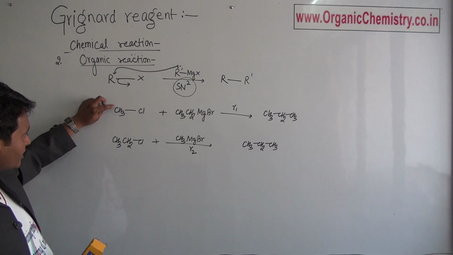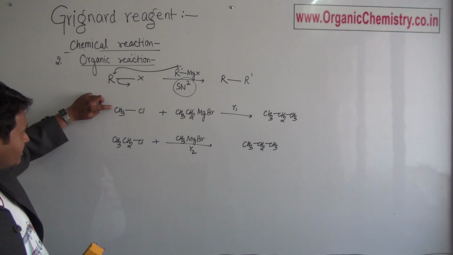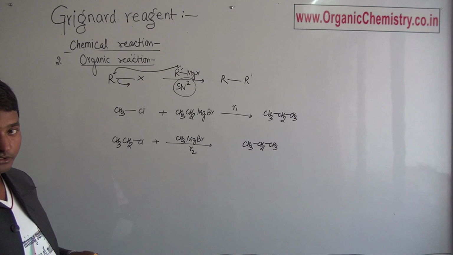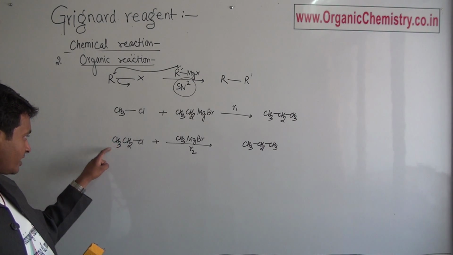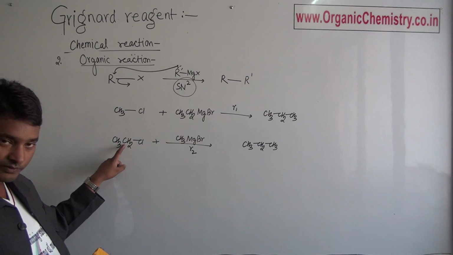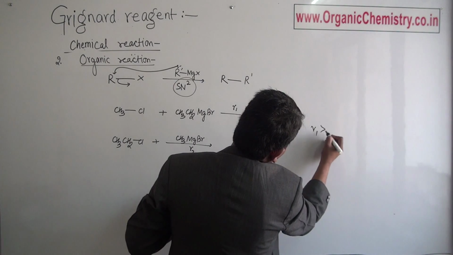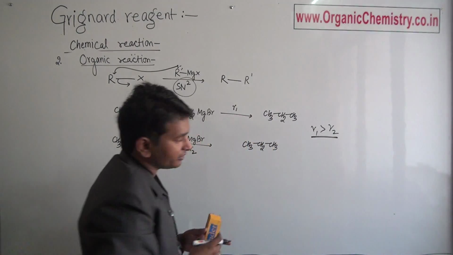This carbon has partial positive charge and less steric hindrance, so the nucleophile easily attacks this carbon and releases halogen. But this carbon has more steric factor, so nucleophilic attack over this carbon is less favorable. So the rate of R1 is faster as compared to R2.